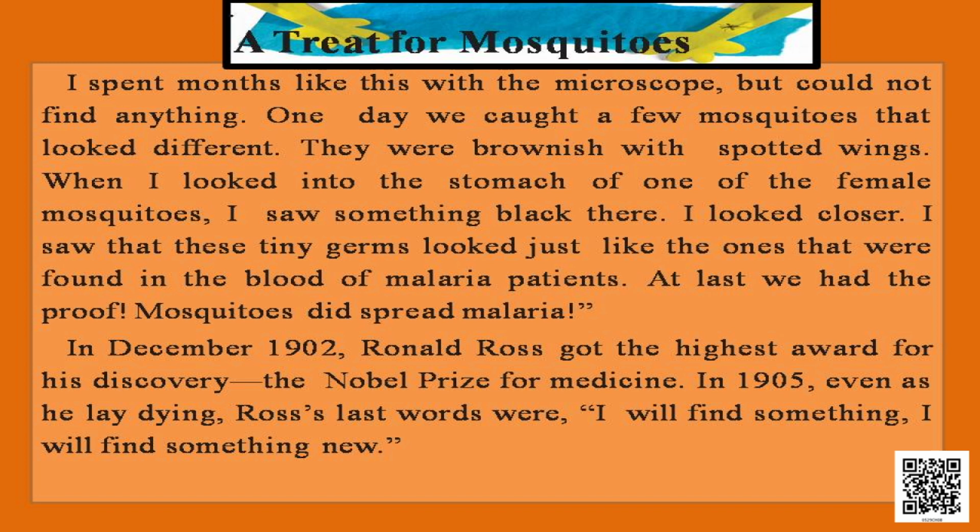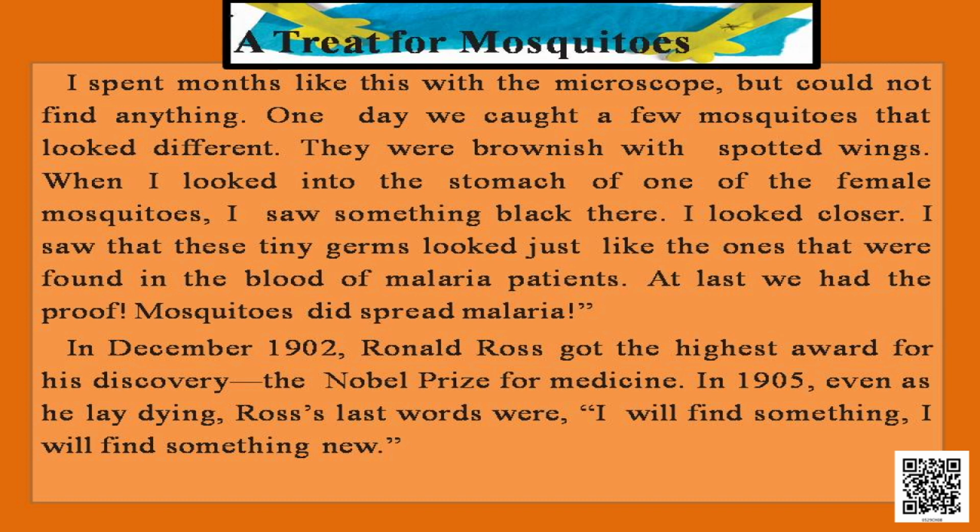One day we caught a few mosquitoes that looked different. They were brownish with spotted wings. When I looked into the stomach of one of the female mosquitoes, I saw something black there. I looked closer. I saw that these tiny germs looked just like the ones that were found in the blood of malaria patients.